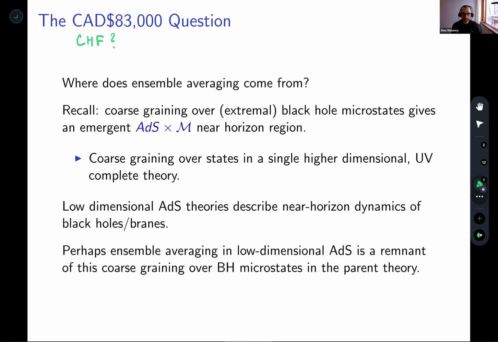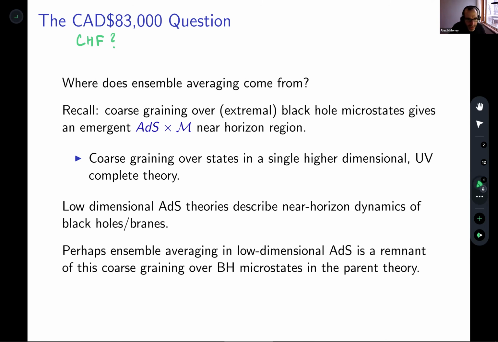So I think what I would guess is that the ensemble averaging that we have discovered is in fact just a remnant of this coarse graining procedure. In particular, what I want to imagine doing is starting with an ensemble of black hole microstates in some UV complete higher dimensional theory of gravity, and then dimensionally reducing down to 2 dimensions or 3 dimensions and taking a near horizon limit where you throw away the asymptotic behavior.